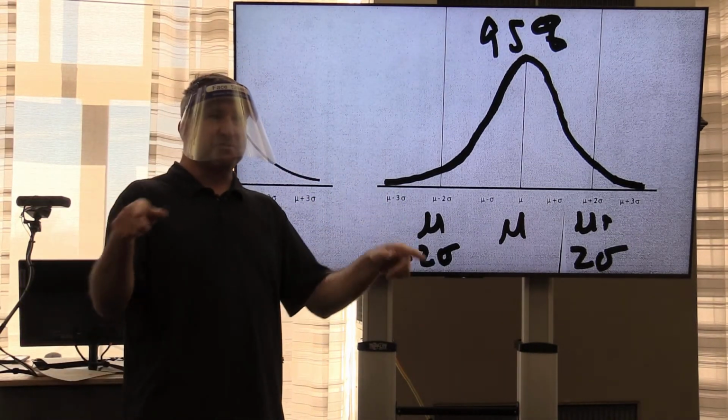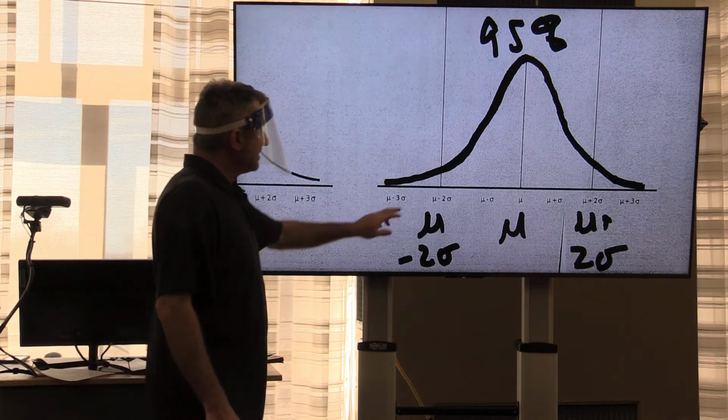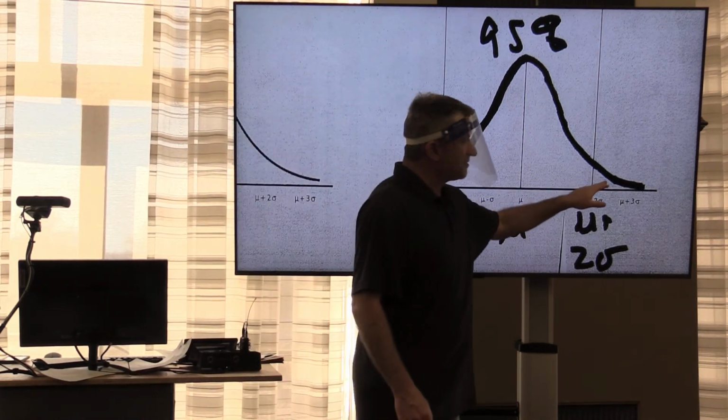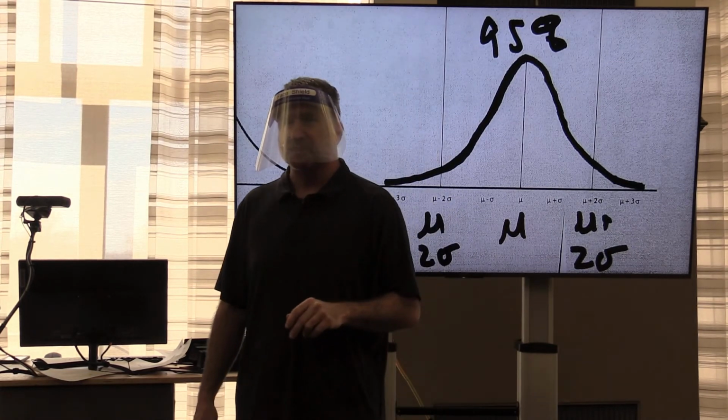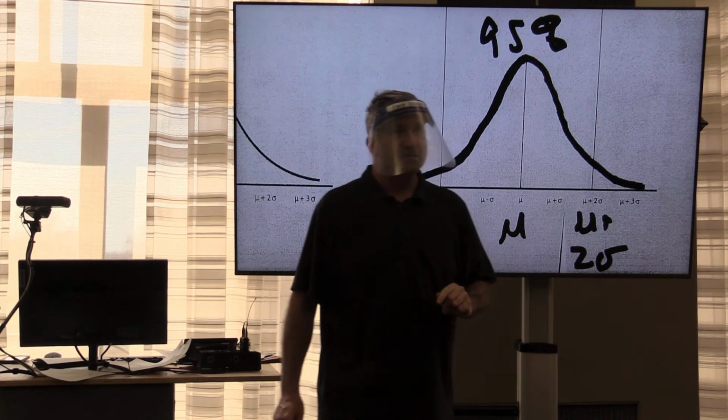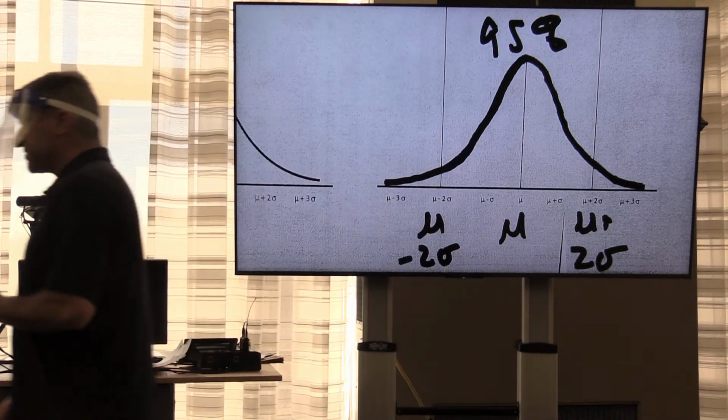And since this distribution is symmetric, this area plus this area must equal 5%, so this little area right here is going to be 2.5%.